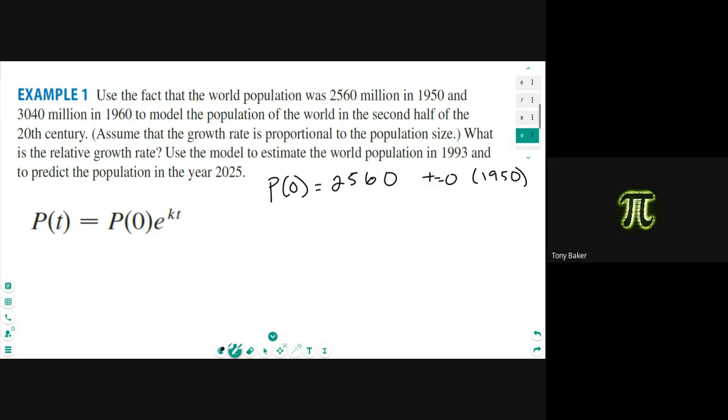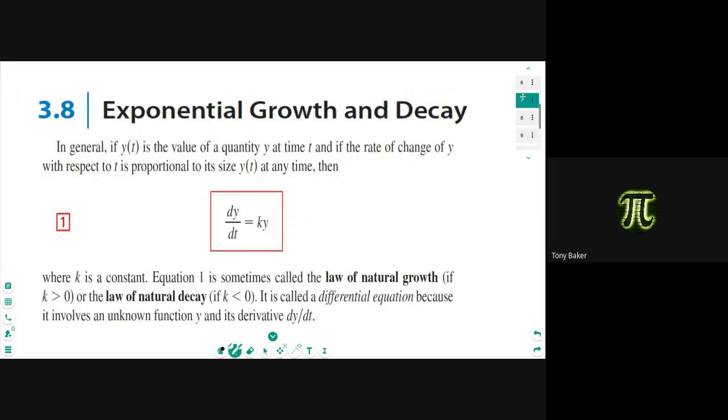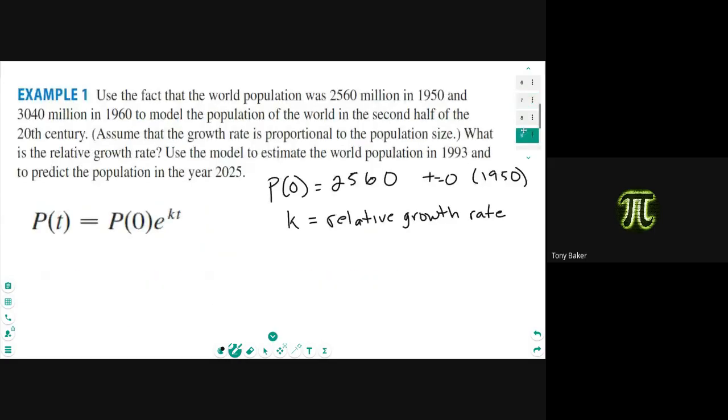So when we're doing our calculations, we use 1950 as that 0. Now, the next thing I have to figure out is what is k? That is my relative growth rate. So how are we going to solve for k?